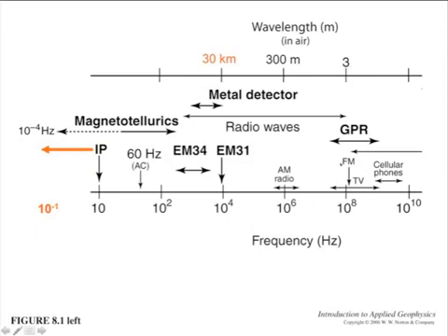FM radio is at hundreds of megahertz, below a gigahertz. VHF is just less than 100 megahertz up to several hundred megahertz. When you get up to a gigahertz, the TV band essentially ends.